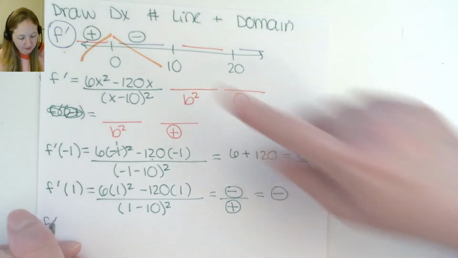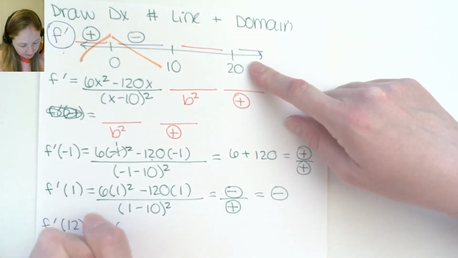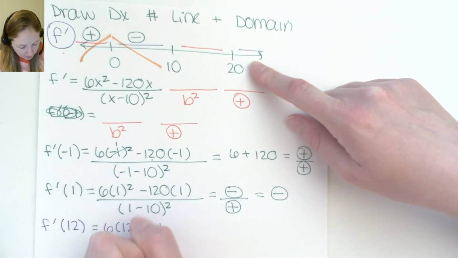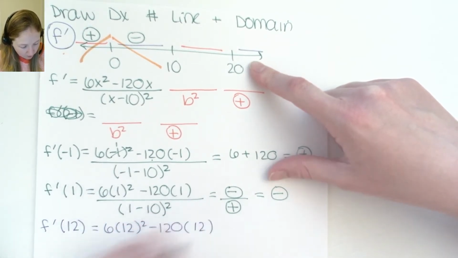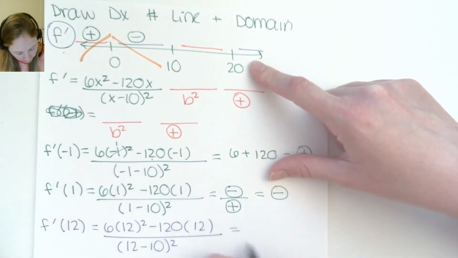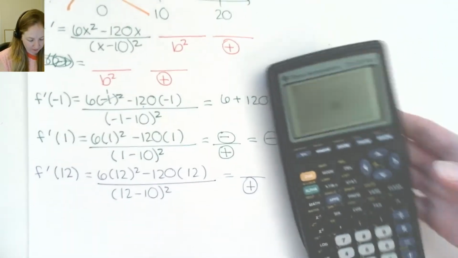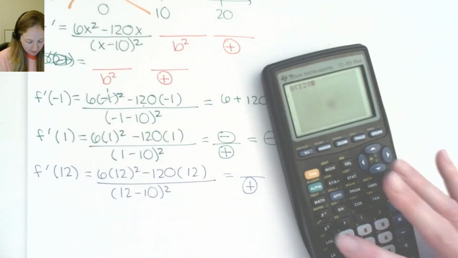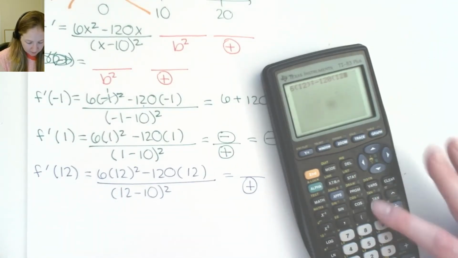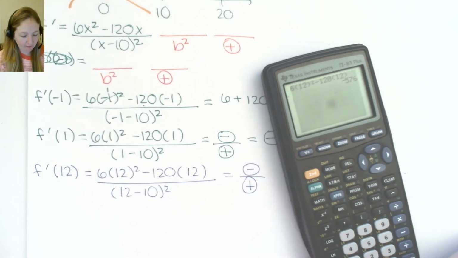Then from 10 to 20, I might plug in, let's say 12. So I have 6 times 12 squared minus 120 times 12 over 12 minus 10 squared. So the denominator is always positive. Here we're dealing with slightly bigger numbers, but if you plug this in, and don't hit the tangent button when you're plugging in here, you will get a negative in the numerator. All right, that's interesting.